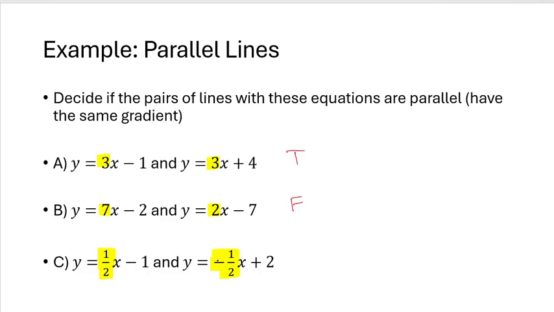And in the third one, you have to be very careful. I have m equals 1 half and m equals negative 1 half. These are not the same, okay? Therefore, it's false. They're not parallel.